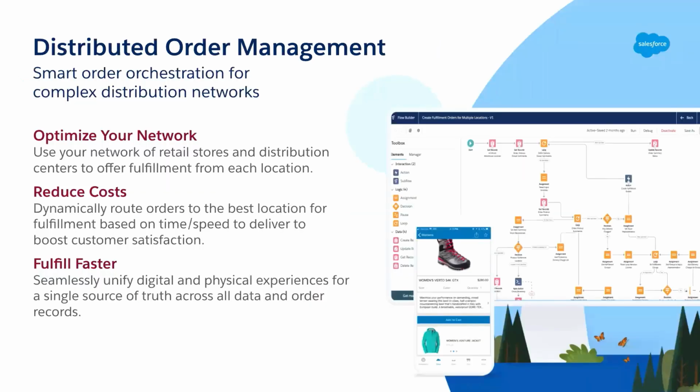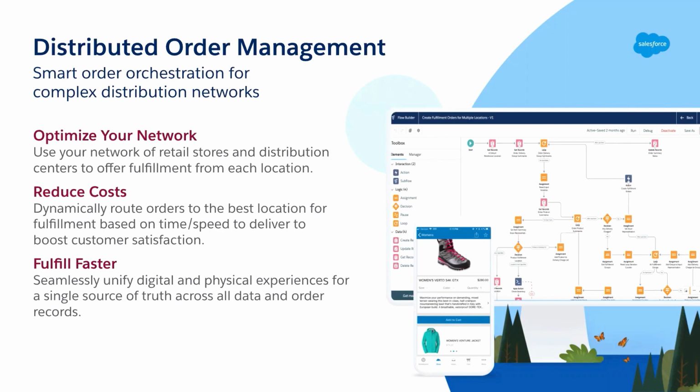So this location level availability I've just mentioned that's provided by omnichannel inventory service can then be used in your order routing process. This is the distributed order management feature where you can use your full network of retail stores and distribution centers to offer order fulfillment from each location.